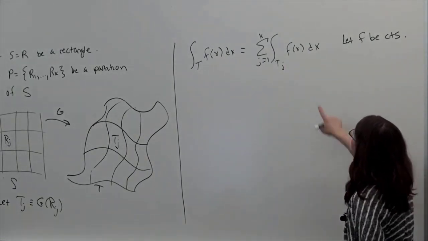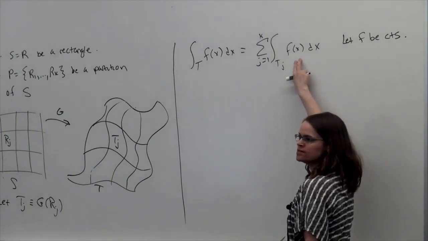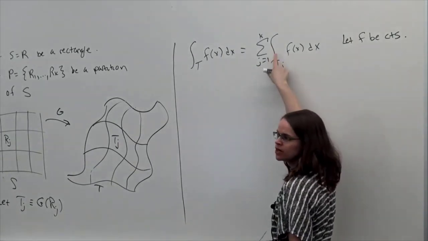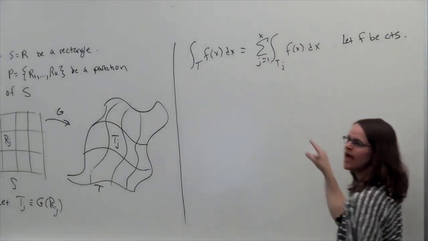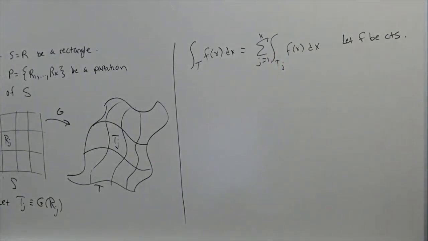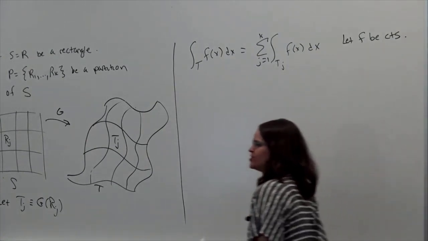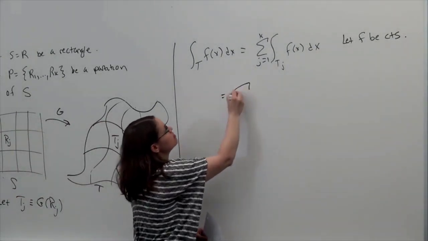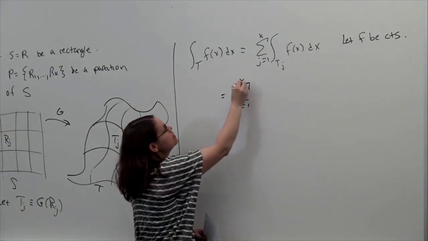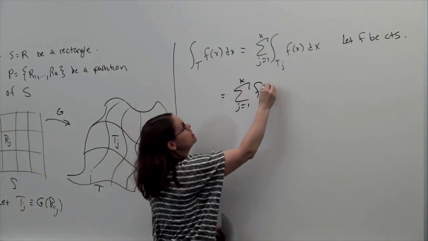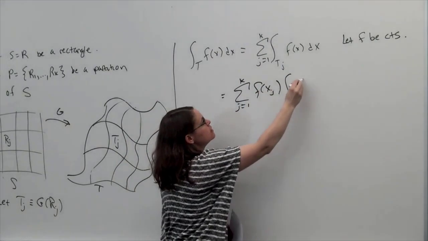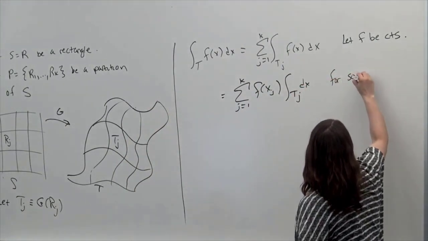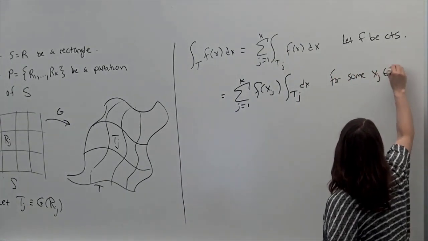What does that do? That lets me use a mean value theorem for integrals to say this is basically equal to f at some point times the integral of the constant function. I like the integral of the constant function. That's just the volume of my blob. The volume of my blob, I think I can maybe estimate. So this, we're going to say, is f of xj times this, for some xj in the blob.